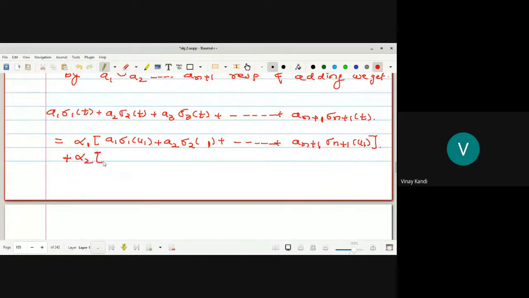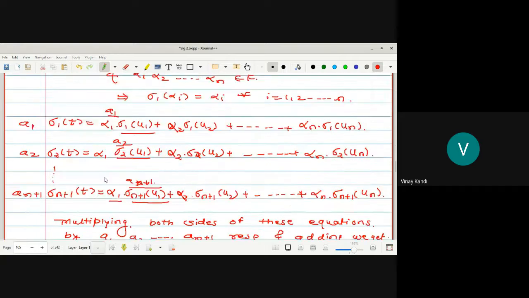plus alpha 2 in the bracket, a1 sigma 1 of u2 plus a2 sigma 2 of u2 plus up to so on, an plus 1 sigma n plus 1 of u2. Okay, plus up to so on. This is alpha n common from here. Alpha n common, what we get?